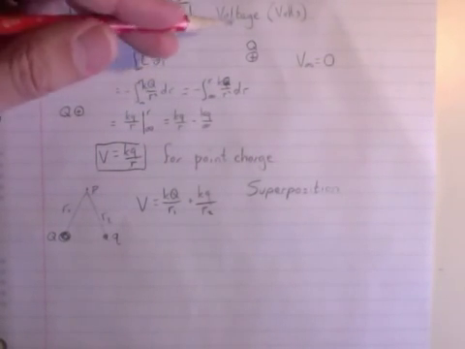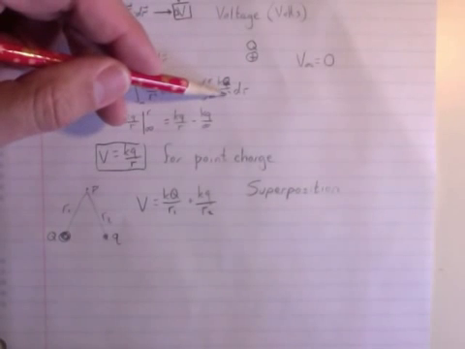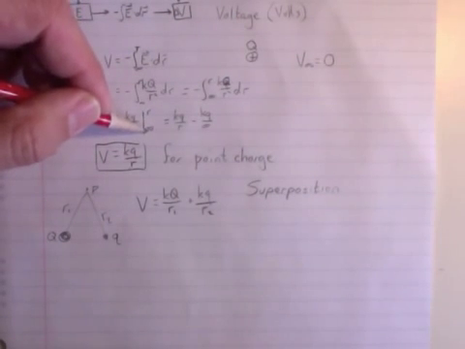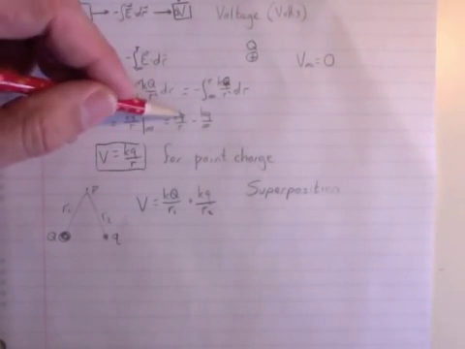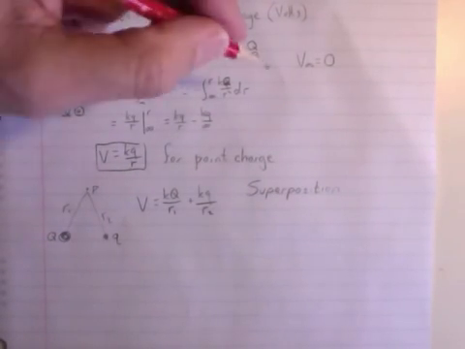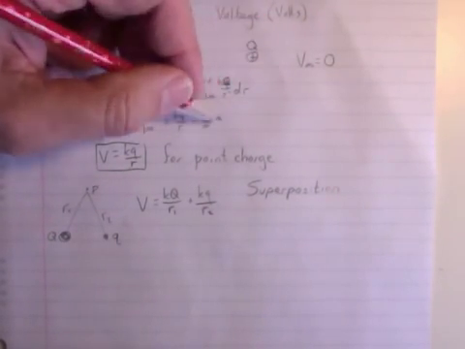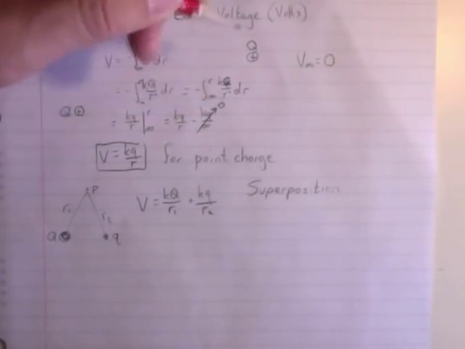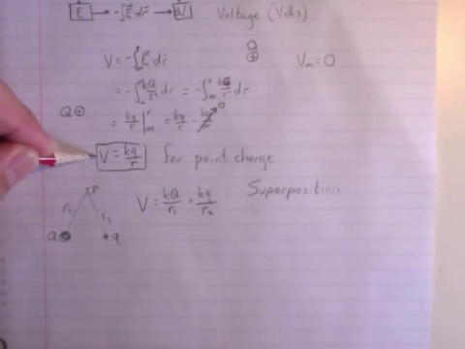When we integrate this, we get kQ over r, but it's negative. The negatives cancel. And ultimately when we evaluate that from infinity up to r, we have kQ over r minus kQ over infinity. Infinity is a very large number, so this ends up going to 0. So we end up with a voltage of kQ over r for a point charge.